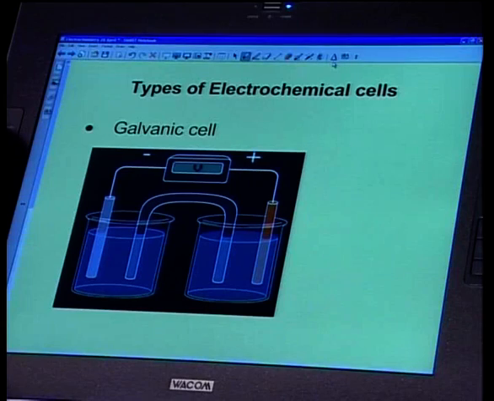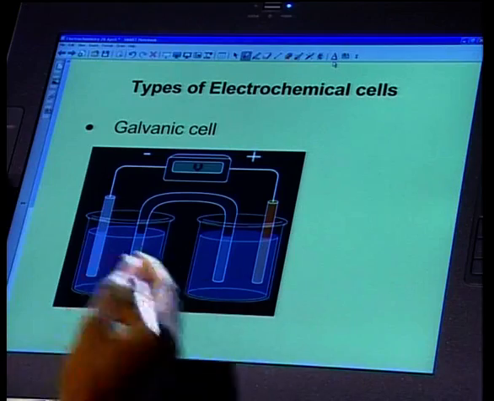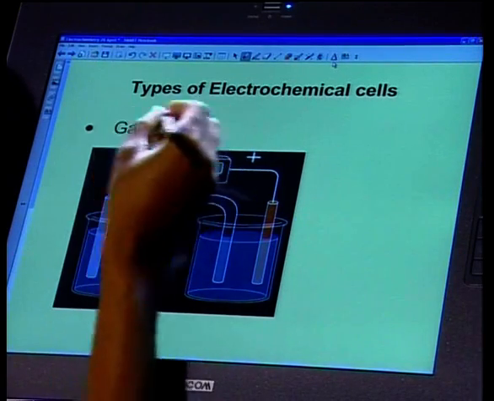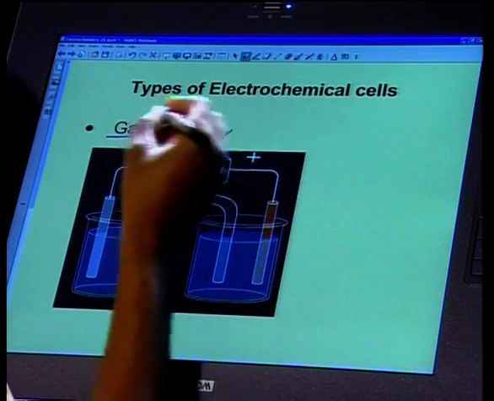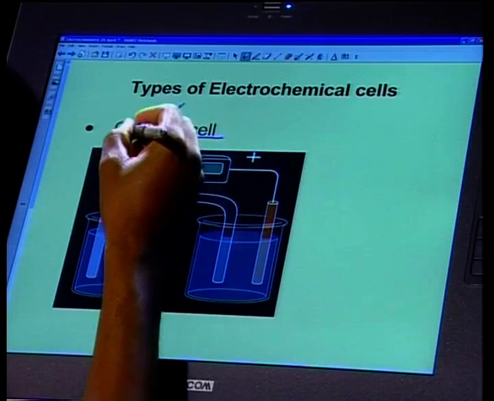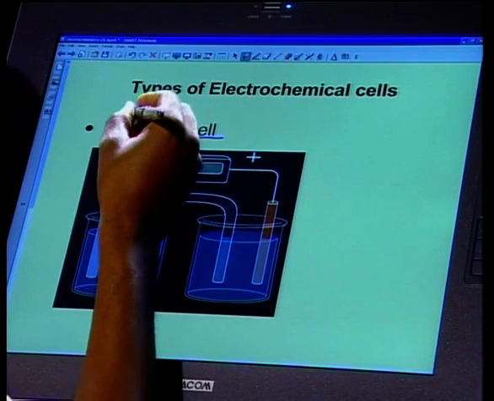Let's now move on, and we're now going to begin to talk about types of electrochemical cells. Now the first one we will be looking at is the galvanic cell. So we've got one type of electrochemical cells called a galvanic cell.